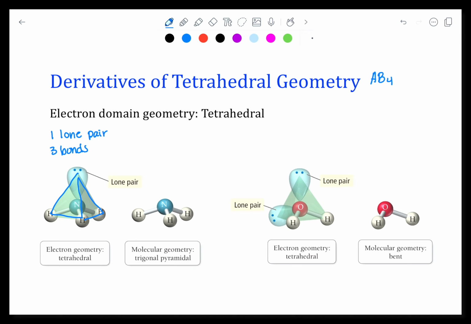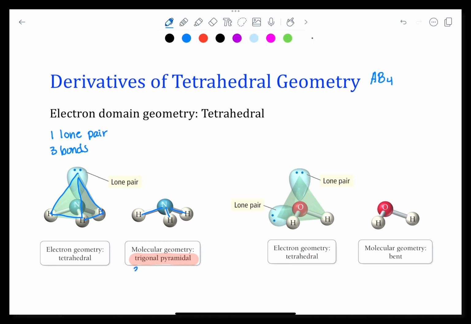We're still forming that tetrahedral shape when one of those bonds is replaced with a lone pair. But if I look at just the bonds, they're still creating a triangle, but they're out of plane. They are no longer in plane like trigonal planar would be, because those lone pairs are still playing a role, they're still affecting the repulsion of the electrons in those bonds. So our molecular geometry shape is now trigonal pyramidal.